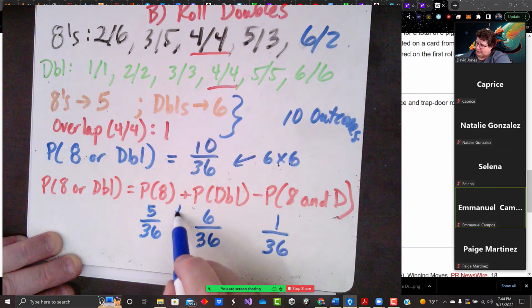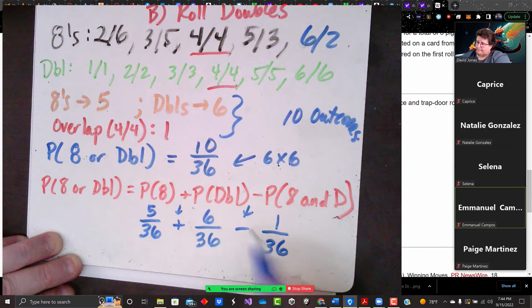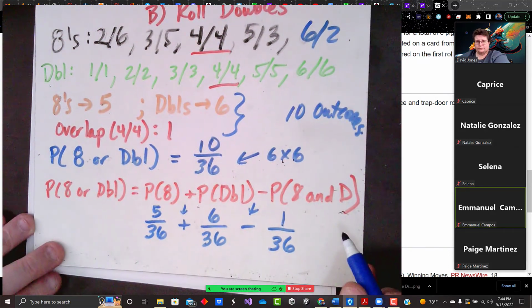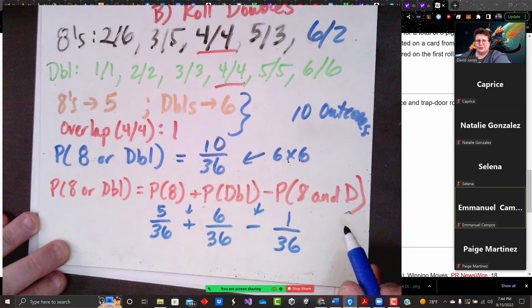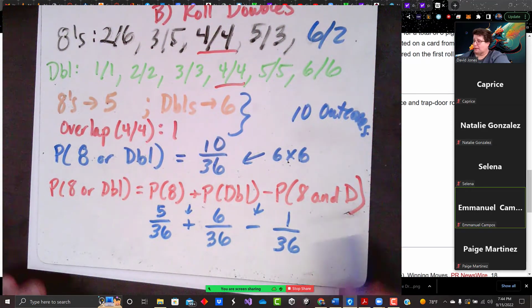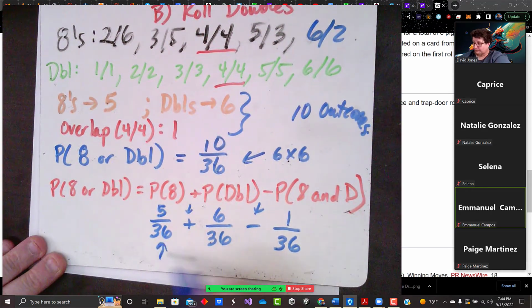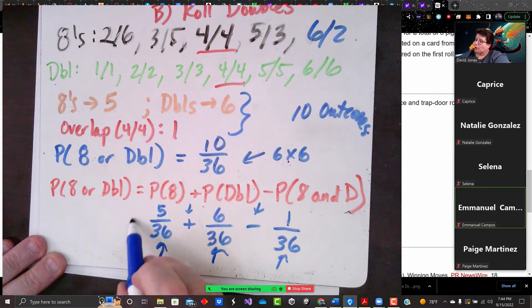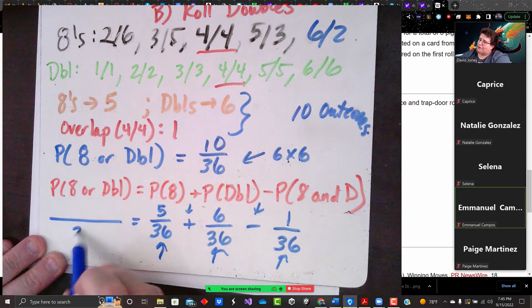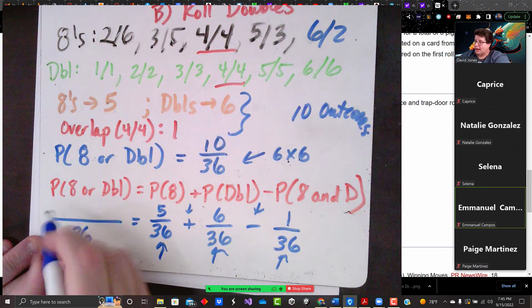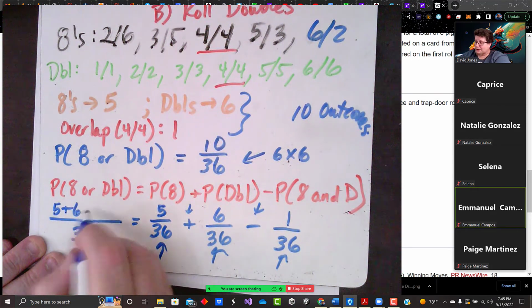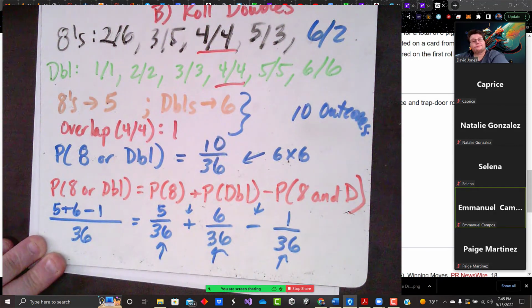And I'm going to bring this plus down, and I'm going to bring this minus down. When we're adding or subtracting fractions that have a common denominator, or bottom, we can just put everything over that bottom and do the addition and subtraction up top. It's only because these bottoms all match.